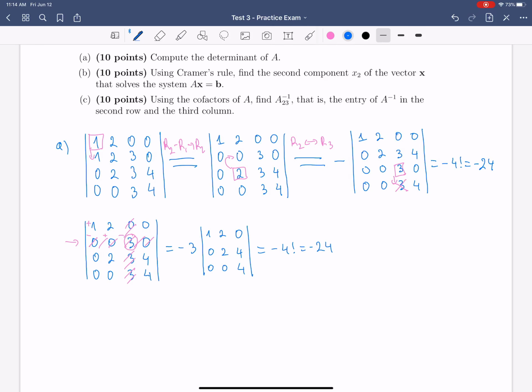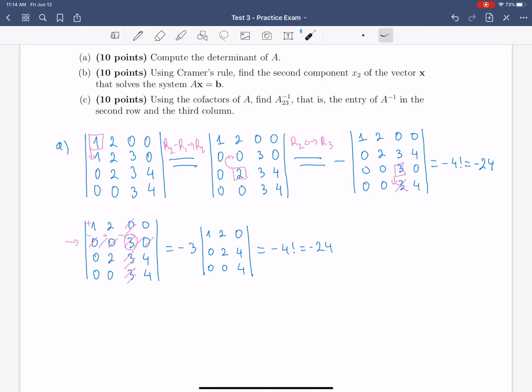Another way to have done the same thing in 2 steps would have been to first carry out expansion along the first column. So that says that this big determinant is the same as this small determinant. Then carry expansion along the first column there, which would eliminate this row and this column. Multiply by that 2 with a negative sign, then 3 times 4.